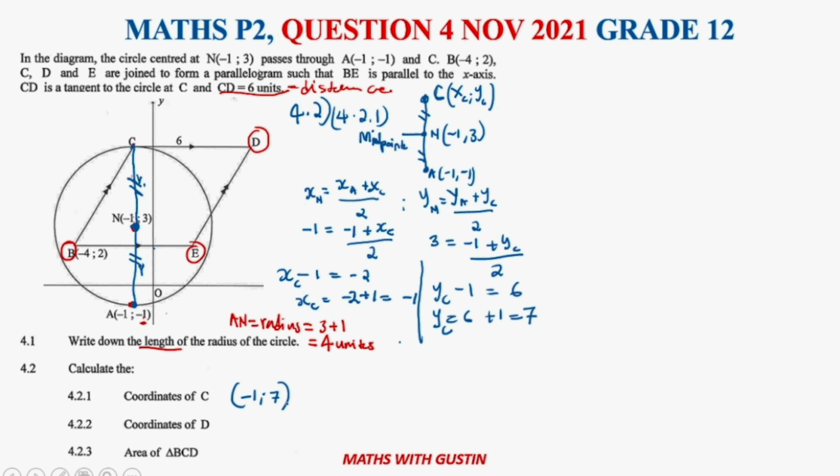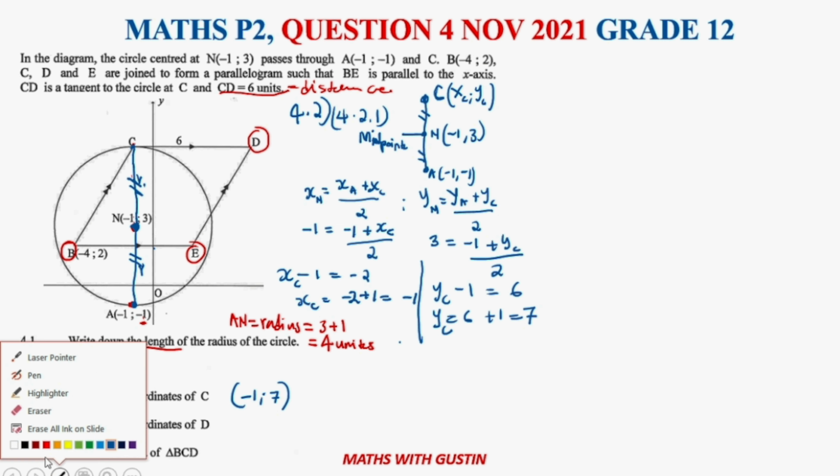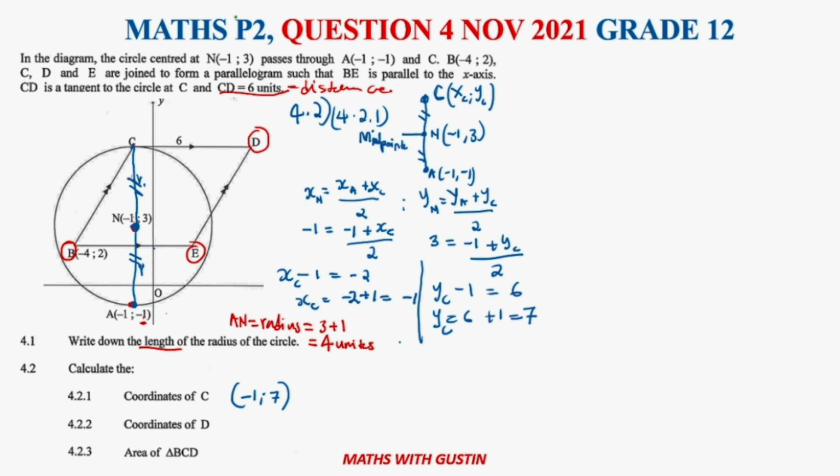Great stuff, guys. I hope you're really following this one and you really understood. So let's come right along. They said calculate the coordinates of D. All right, now the coordinates of D, if you have a look at this one, guys, okay, you have got here the coordinates of C. We just calculated them, it is -1 is to 7.